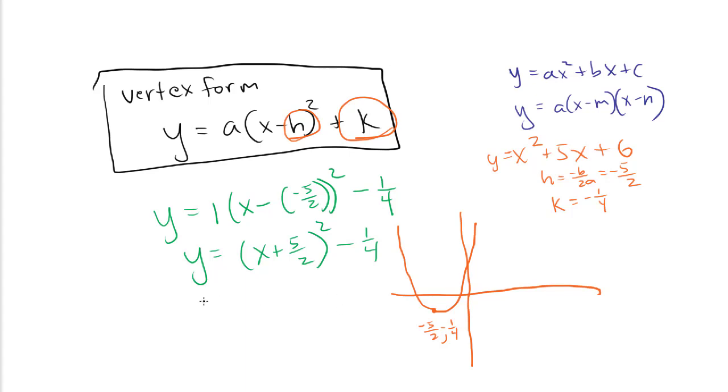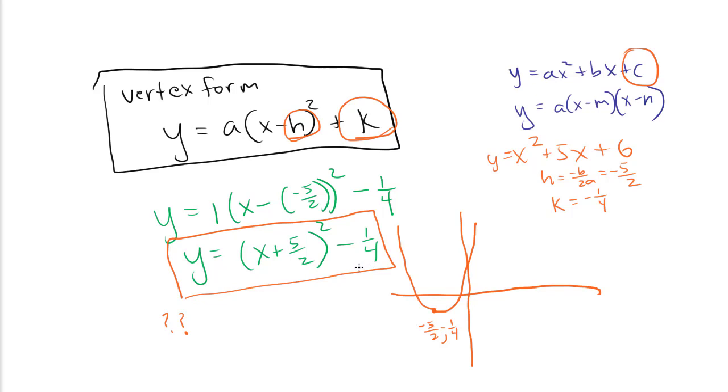So if I started with my vertex form equation, how would I find my zeros and my y-intercept? Well, one thing I could do to get it back to standard form, where I have the c value as my y-intercept, is just multiply this out. So that's one option for the y-intercept.